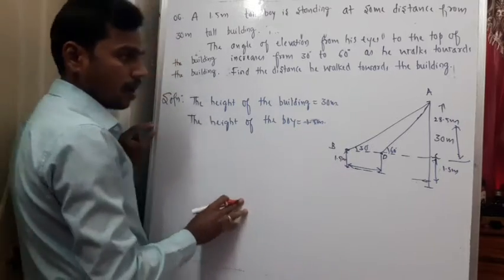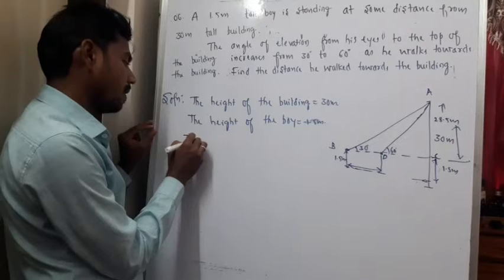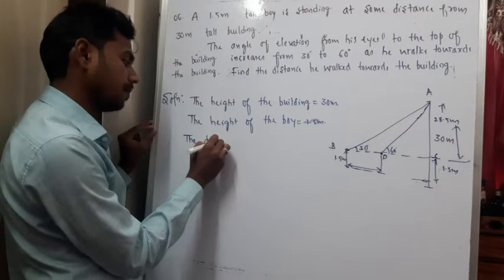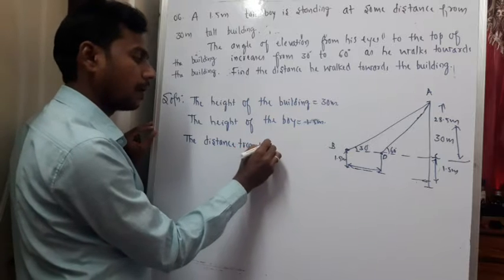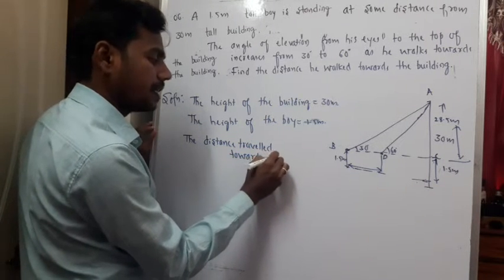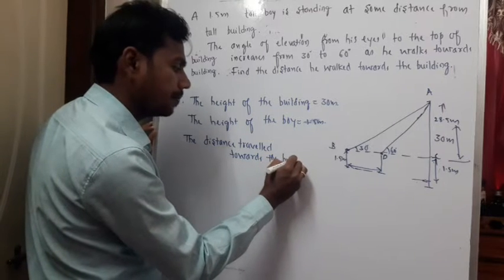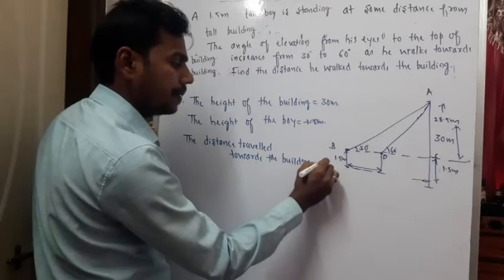Fine. Now the distance traveled towards the building is equal to BD.